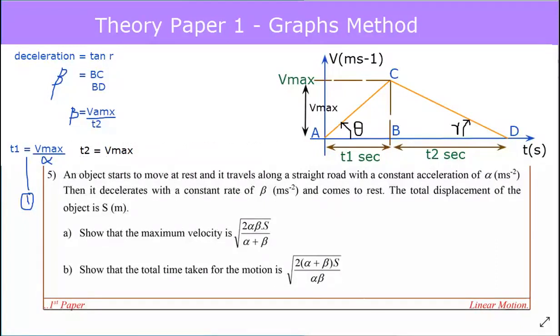Please write the T1 and T2 expressions. Write them all.